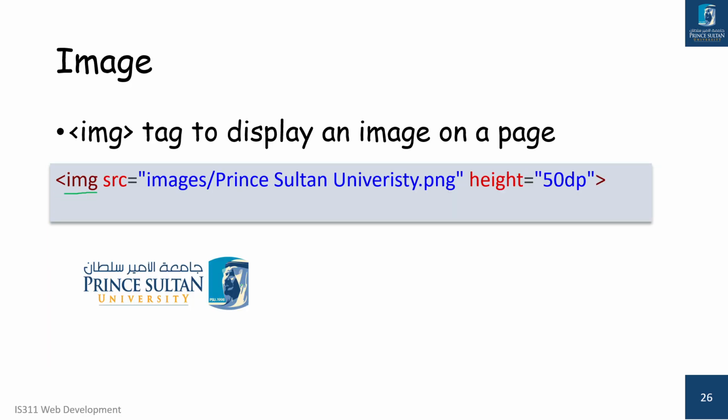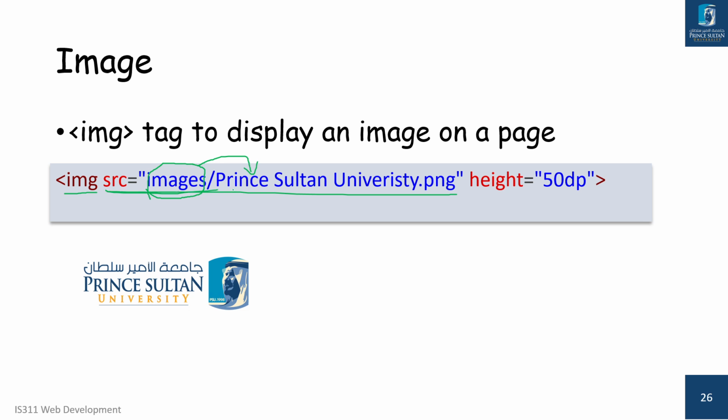Similarly, if I want to show an image, then we must specify the source. Here I am saying that inside the current folder, look for a folder called images, and inside that folder find the image named Prince Sultan University.png.